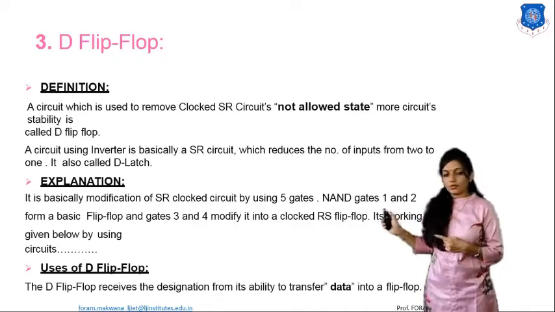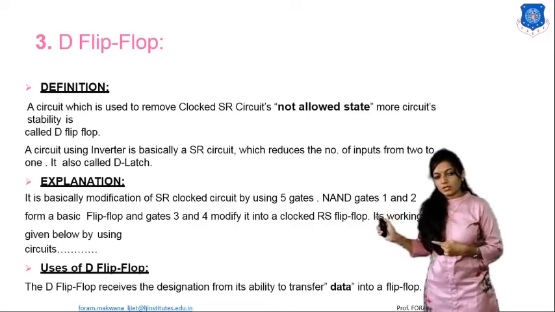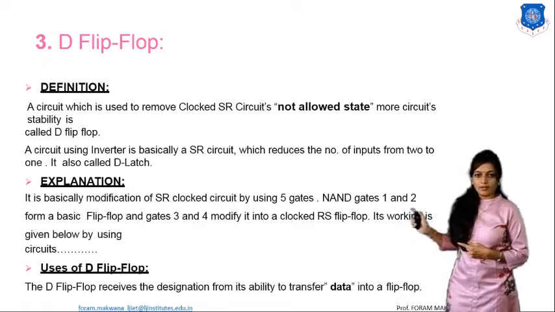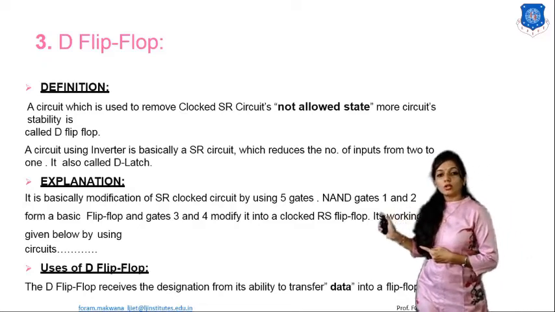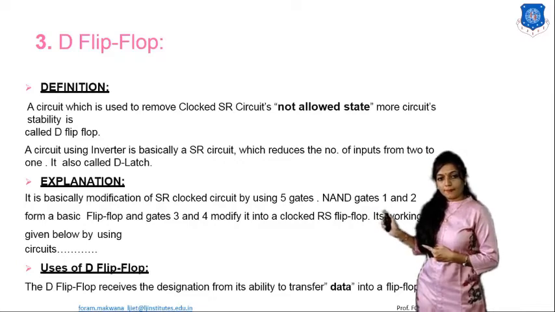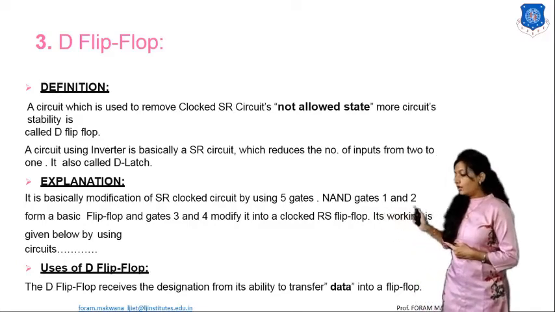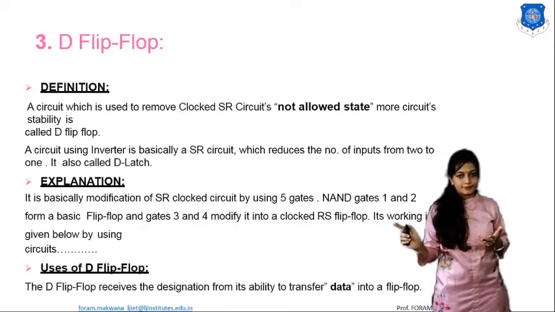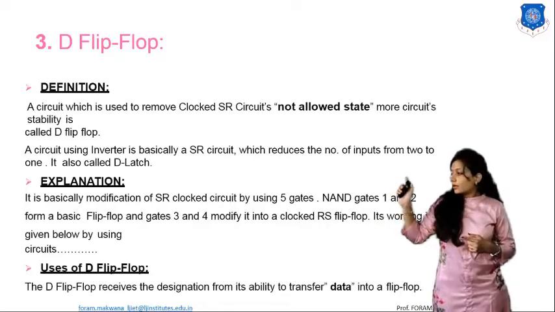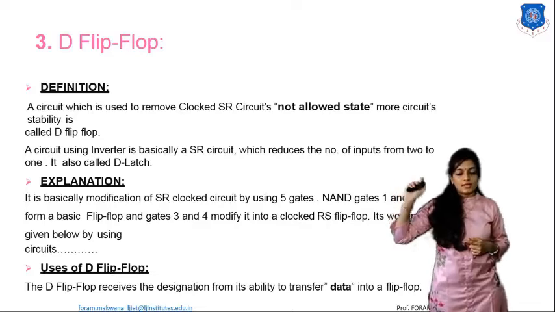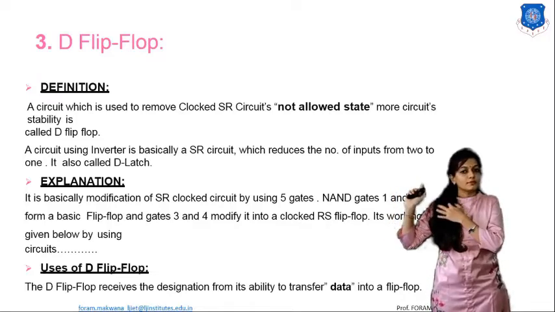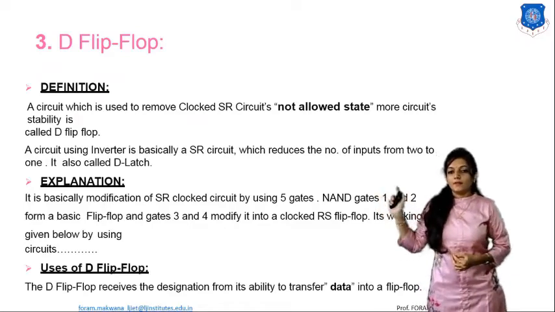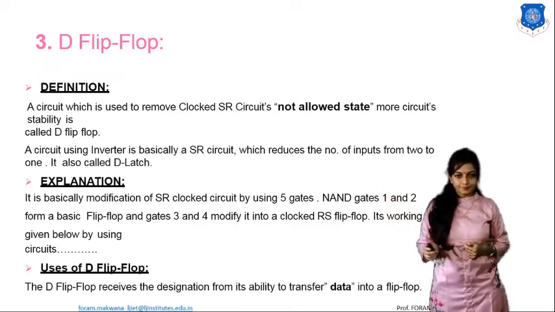So first we are going to focus on the definition. A circuit which is used to remove the not allowed state of the clocked SR circuit is called the D flip-flop. So it requires more circuit stability. Why? Because the not allowed state is present in the SR flip-flop, and we don't need that not allowed state because it may affect the circuit stability.